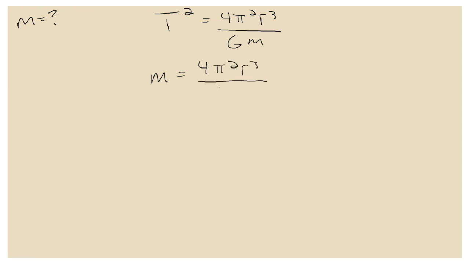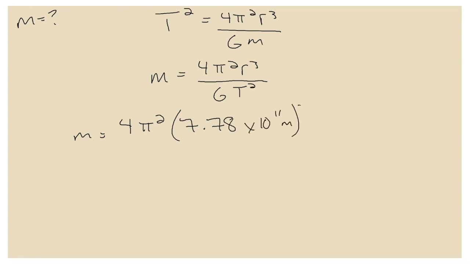And so the equation that we wrote there on that slide is T squared equals 4 pi squared r cubed over G M. And so that means M, the mass of the sun, is 4 pi squared r cubed over G T squared. And so plugging in our numbers here, we have 4 pi squared times the distance, which we said looking in that table was 7.78 times 10 to the 11 meters.